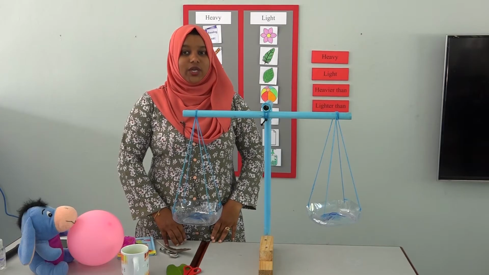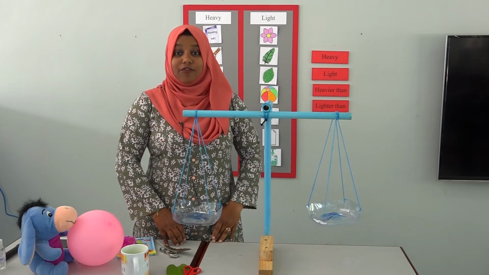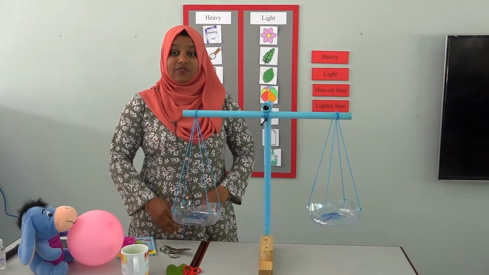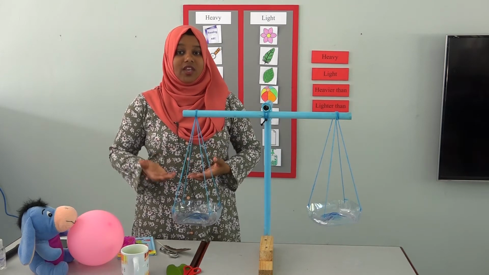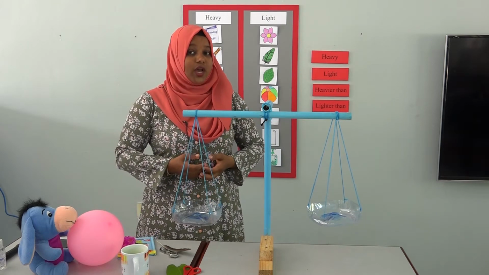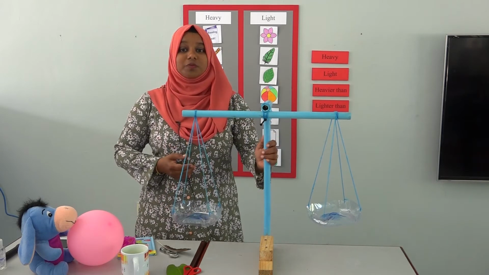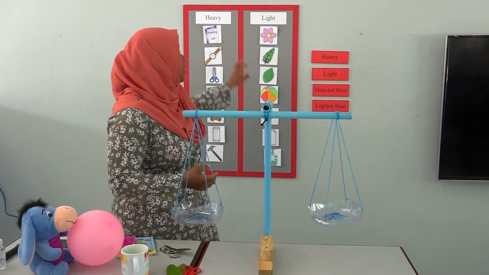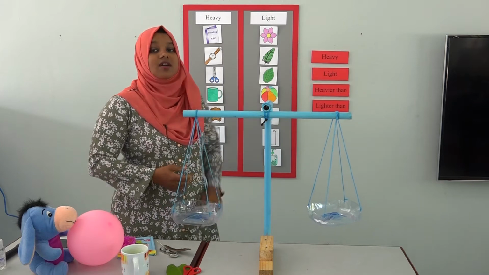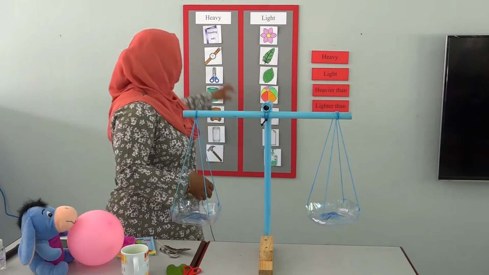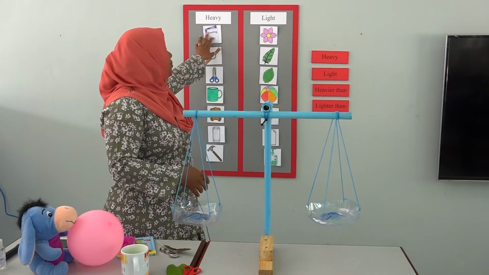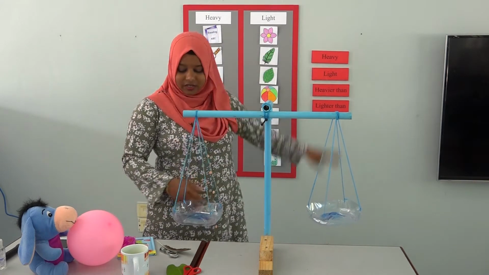Students, did you enjoy the last activity? For the last activity, we have just estimated some objects to see whether they are heavy or light. Now we are going to weigh the objects and see whether the answers you got are correct or not. Let's check. First, you have checked a book and a flower.